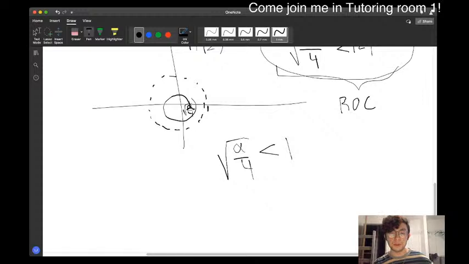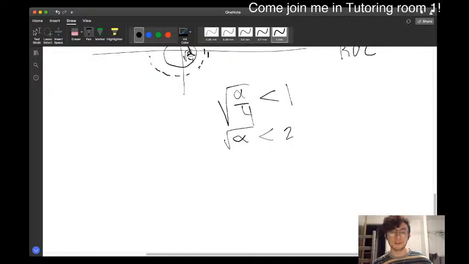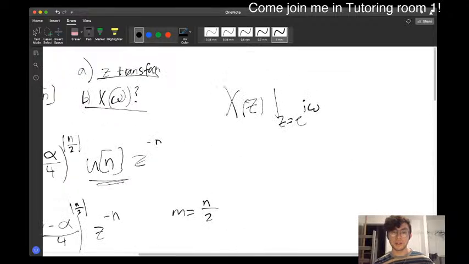Let me do some algebra. The square root of alpha over 4 is less than 2, if you take out that 4 we get a 2. So the square root of alpha is less than 2, and then we get alpha is less than 4. Okay, so that's our condition.